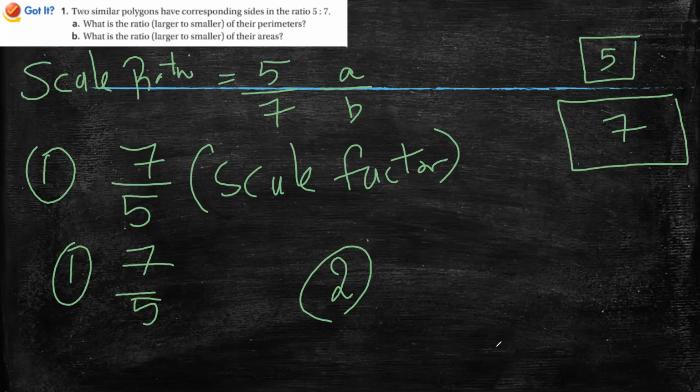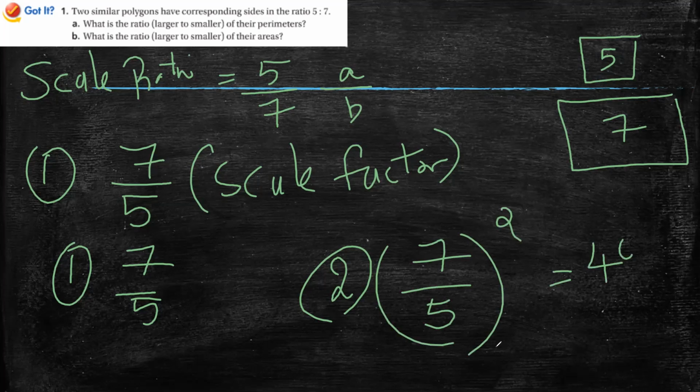The ratio of the areas will be 7/5 squared. So it will be 49/25. This will be the ratio from larger to smaller.